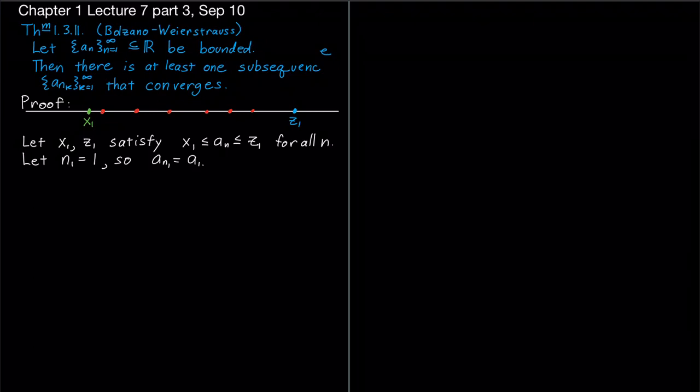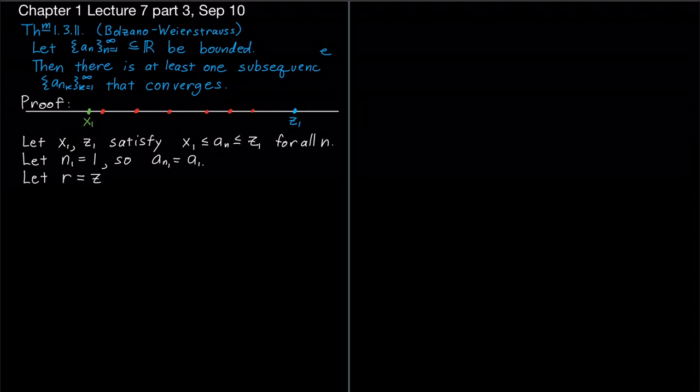And just for the sake of simplicity, since we're going to use it later, let r be z_1 minus x_1. So x_1 ≤ a_{n_1} ≤ x_1 + r.